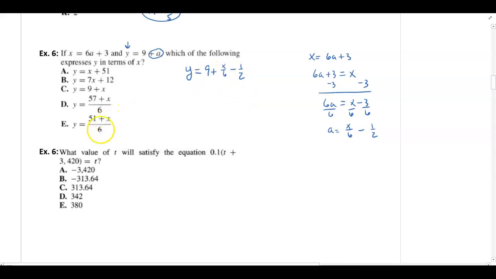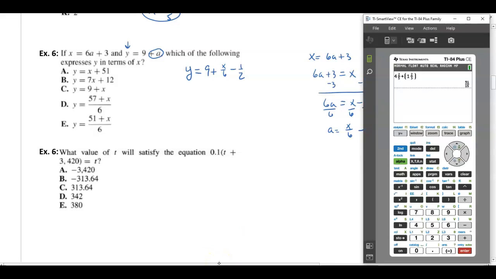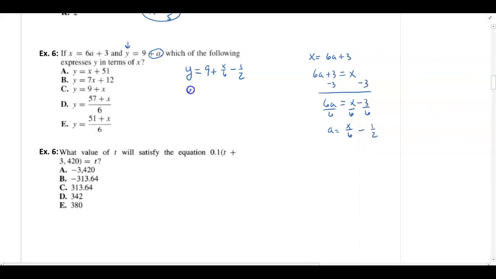So right away, if you look at your answer choices, that doesn't really come up. Now, what I would do is, what is 9 minus 1/2? Well, 9 minus, alpha y equals, you should be able to do this in your head, right? 1 divided by 2, enter, gives you 17 over 2. So when I combine these, I get 17 over 2 plus x over 6.